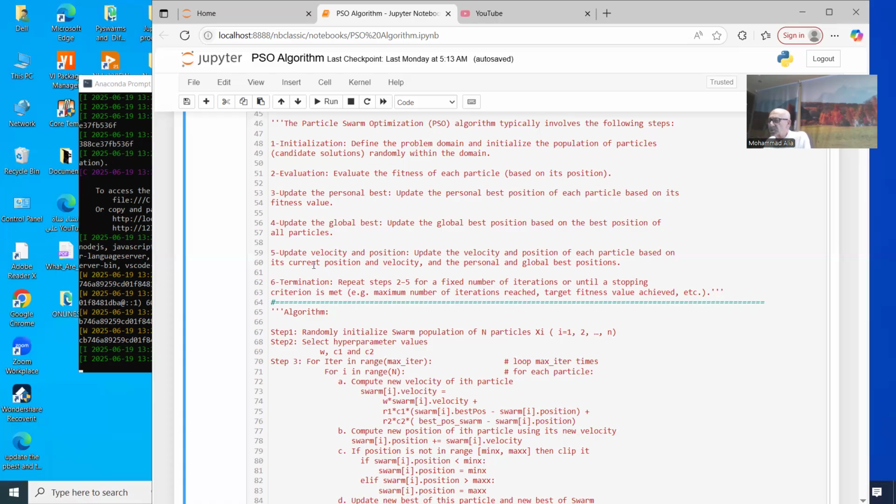Or we can use the global fitness value of the objective function and compare the global best values with each other.